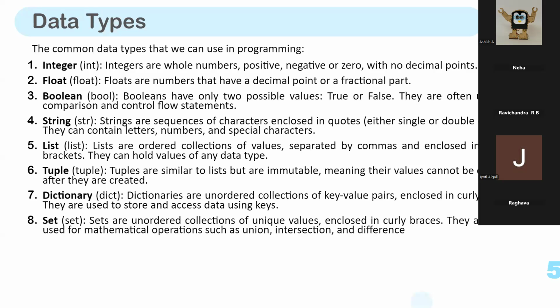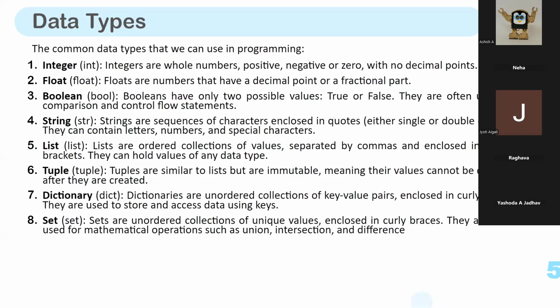List. Lists are ordered collections of values separated by commas and enclosed in square brackets. They can hold values of any data type, whereas tuples are similar to lists but are immutable, meaning their values cannot be changed after they are created. So once it is created, we will not be able to change their values.